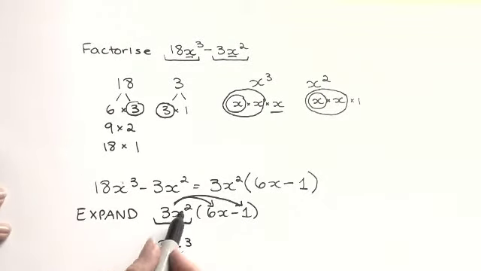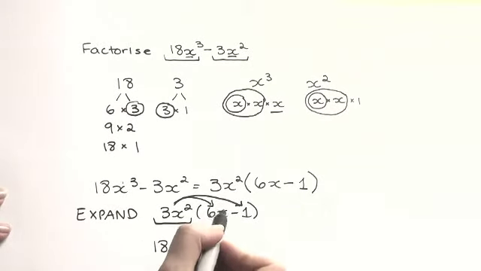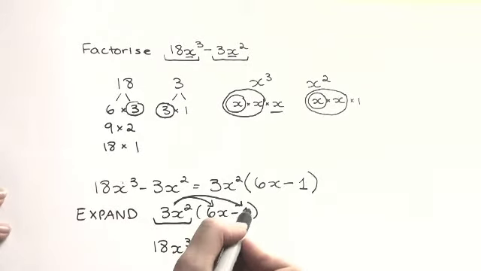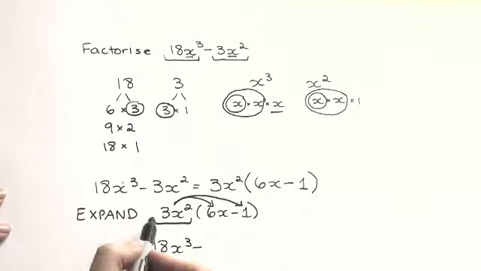So we have 18x cubed. 3x squared times 6x: 3 times 6 is 18, x squared times x is x cubed. And then minus, because we have a positive 3 and a negative 1, so it's a negative, because we're multiplying here. We're multiplying 6x by 3x squared, and we're multiplying -1 by 3x squared.